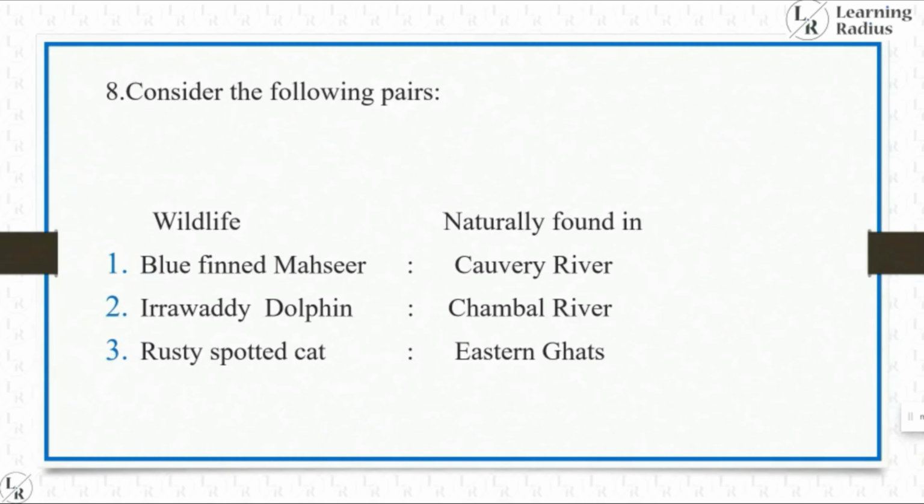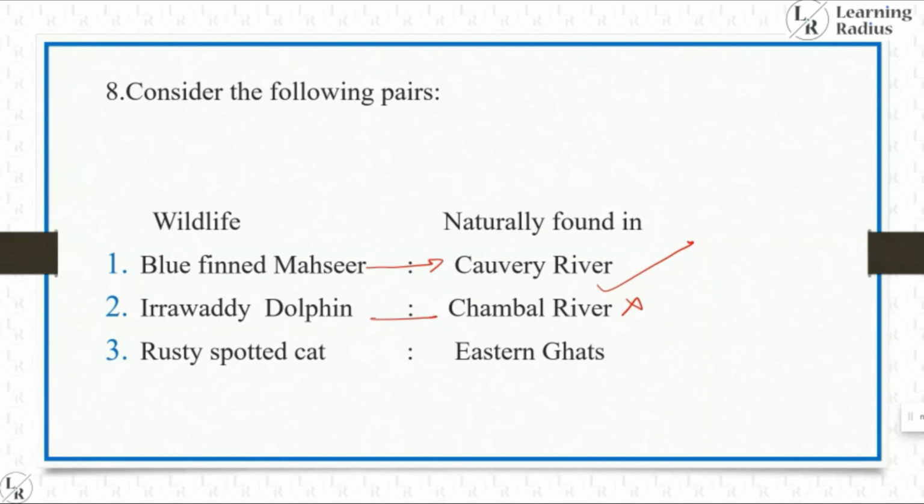Now next question. Consider the following pairs: Bluefin mahseer, Irrawaddy dolphin, rusty spotted cat, naturally found in Kaveri River, Chambal River, Eastern Ghats. Now UPSC is asking which of the pairs given above are correctly matched. Bluefin mahseer matches with Kaveri River, that's right. Irrawaddy dolphin is not with Chambal, that is wrong.